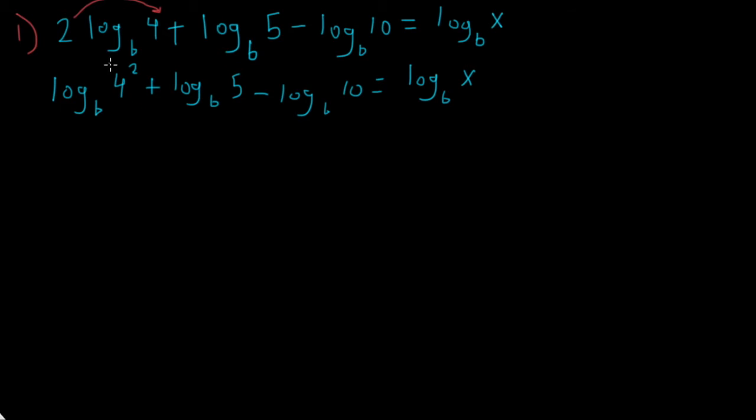All right, now let's use the product rule, and so we'll get log B 4 squared, right? That's just going to be 16. Okay, so we'll have 16 times 5, which is going to give us 80.